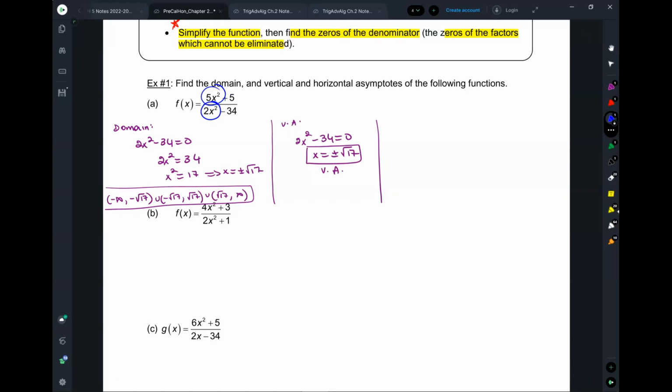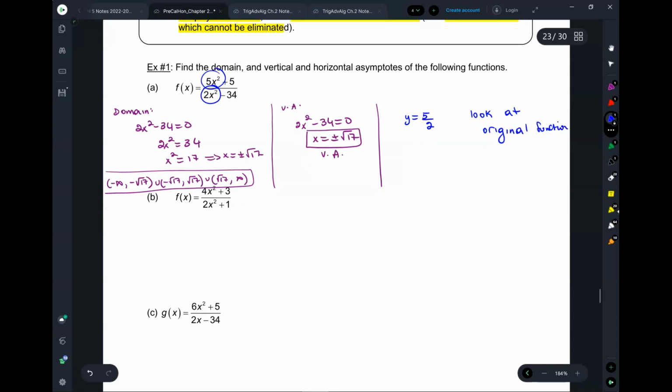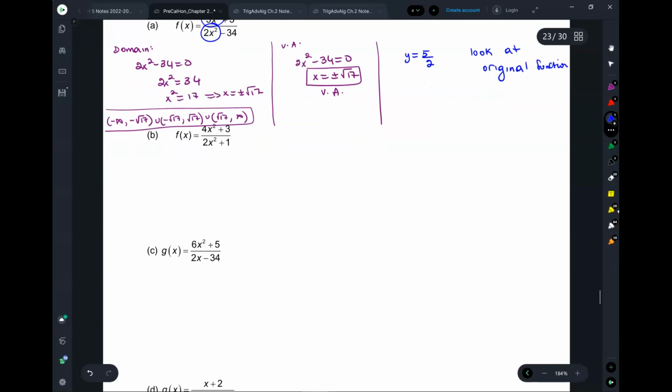Since they're the same, y is equal to 5 over 2. For this one, you look at the original function if you had factored. Okay, so let's do another one.